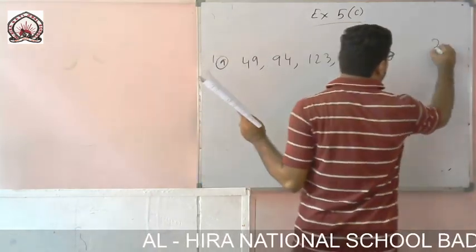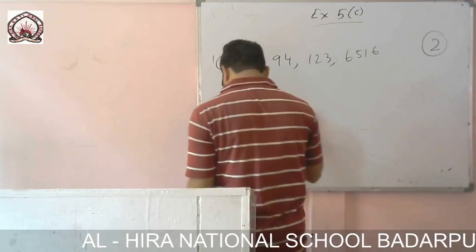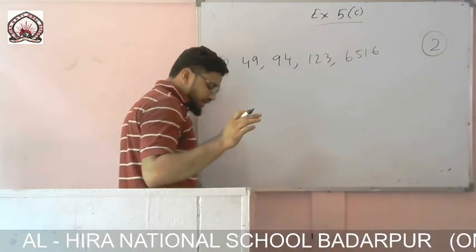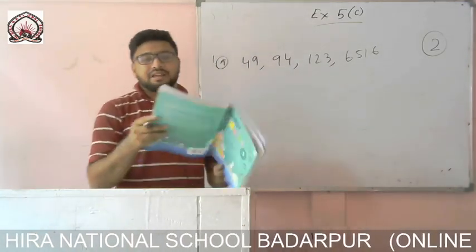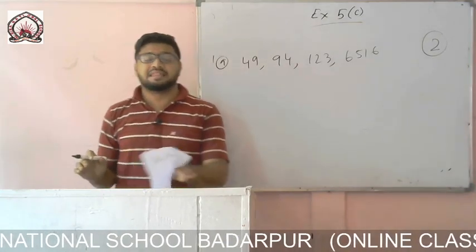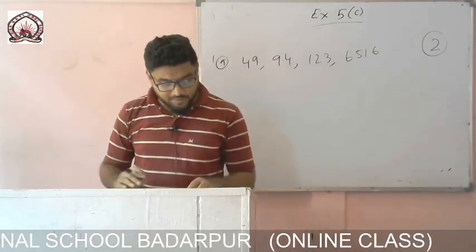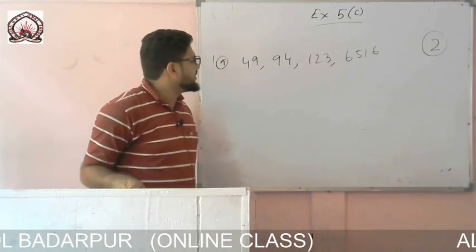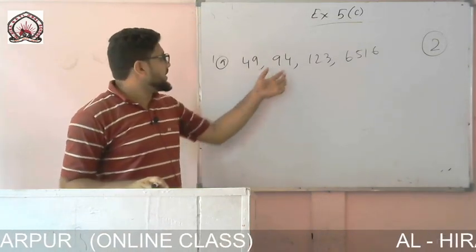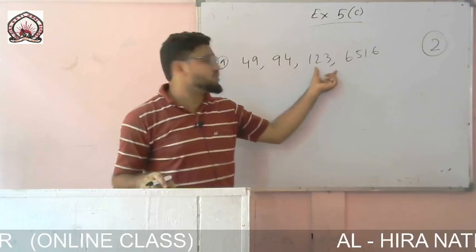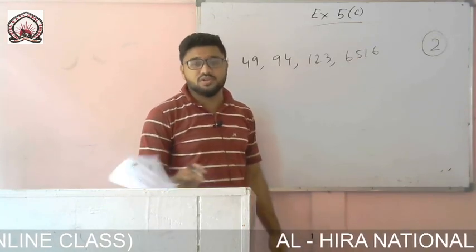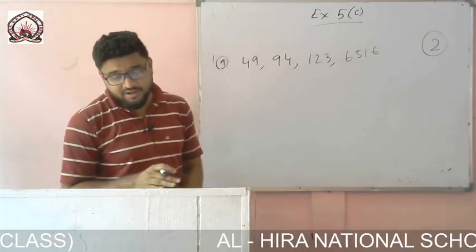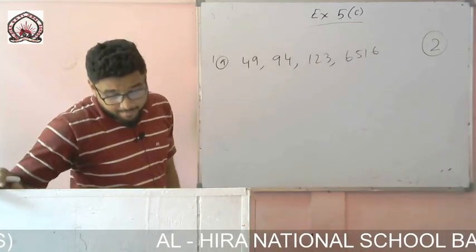We have to check by 2. Okay. So how to check? We know that if the number is even, then the number is divisible by 2. So which one is divisible by 2? 94, 123 is odd, 6156. These two numbers are divisible by 2.